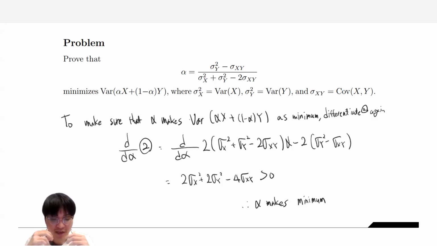This is precisely where the bootstrap becomes indispensable. The bootstrap provides the only practical way to quantify the accuracy and uncertainty of our proved optimal portfolio weight, alpha hat, by simulating its sampling distribution.